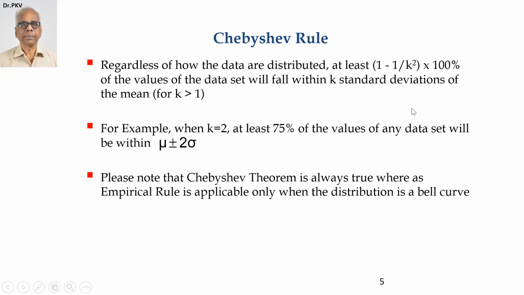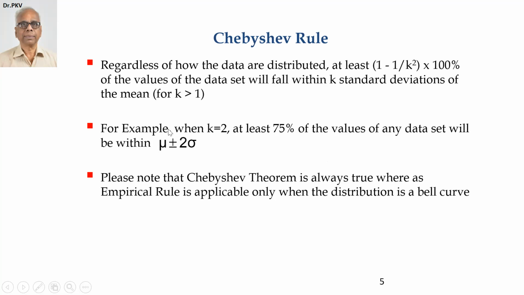So let us take an example. If k is equal to 2, you are saying at least 1 minus 1 upon 4, which will be 75% when you multiply by 100. 75% of the values or the data points will be within mu plus or minus 2 sigma.